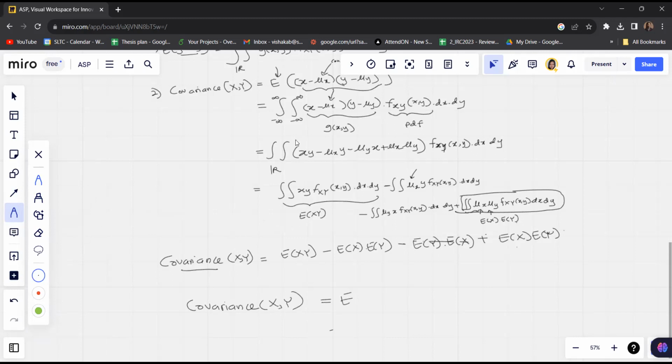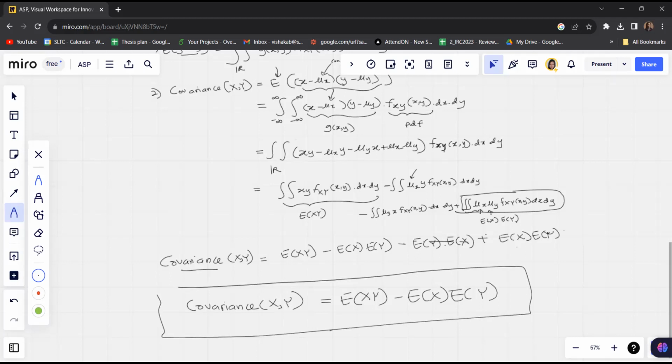So covariance between random variables x and y can be denoted as E[XY] minus E[X] into E[Y]. Right? So this is the expression of the covariance.